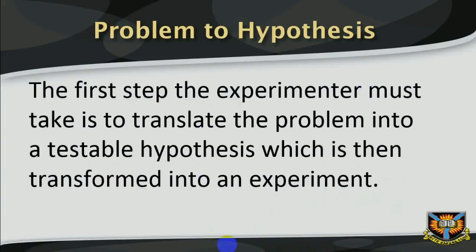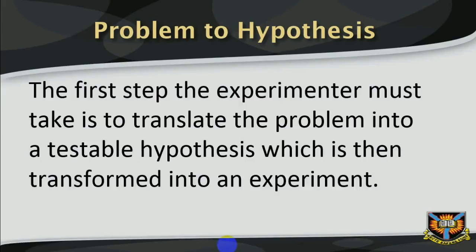From problem to hypothesis. A problem is more or less a vague statement that must be verified or a question that must be answered. Unless either is made specific and precise, it cannot be experimentally tested.